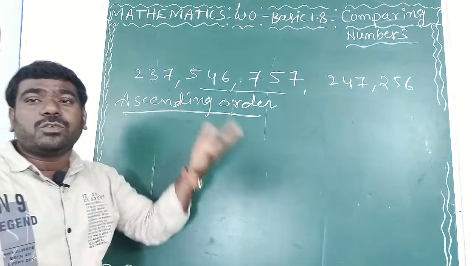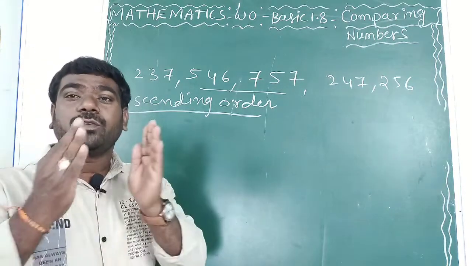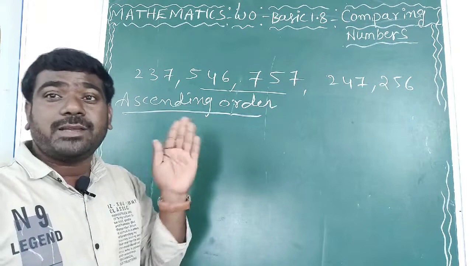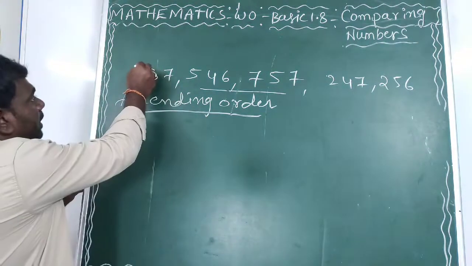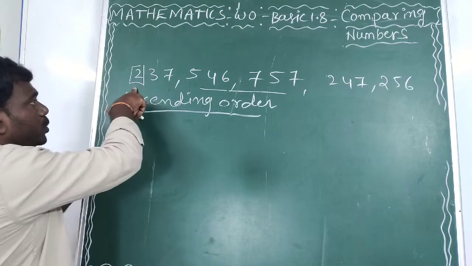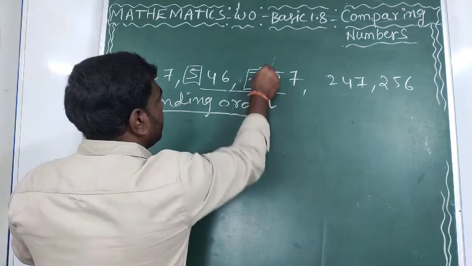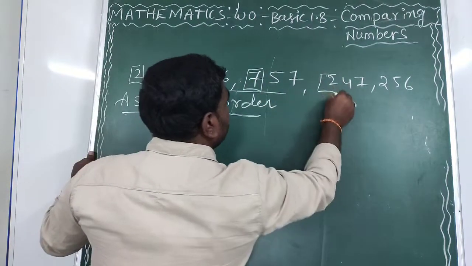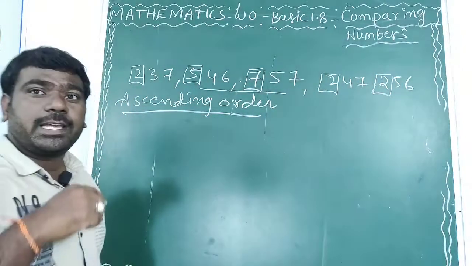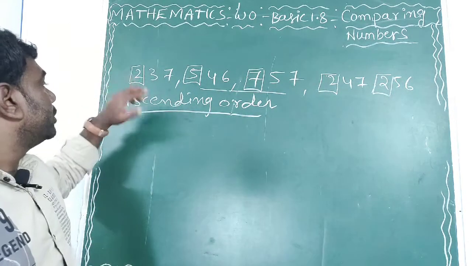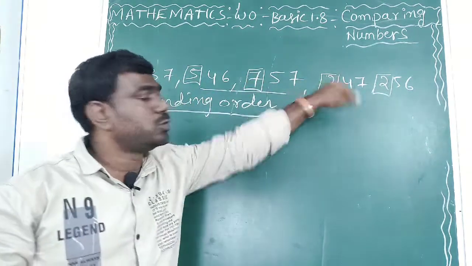So to arrange, we have to compare, as I told, by observing the extreme left digit of all the numbers. Now see here. First number is 2, second number is 5, third number is 7, fourth number is again 2, and the fifth number is again 2 only.